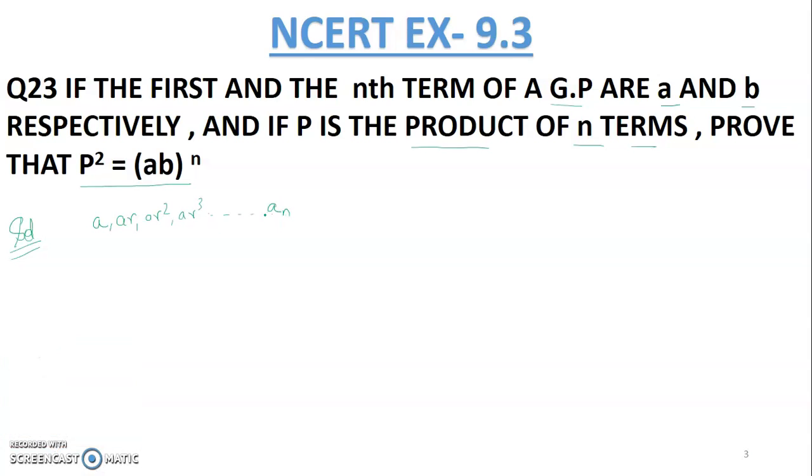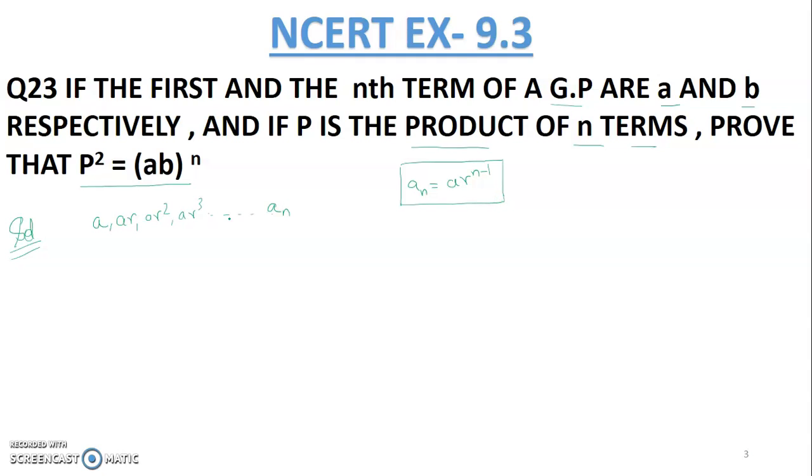Now another important thing, what is given in the question, that A and B are the first and nth term. This means An here. We know that in a GP, the nth term An is equal to AR^(n-1). This is the formula which we are studying and using, so that is why I didn't write directly.